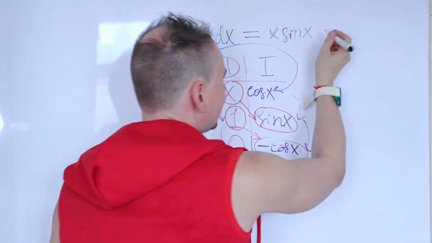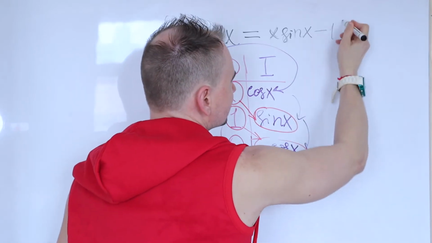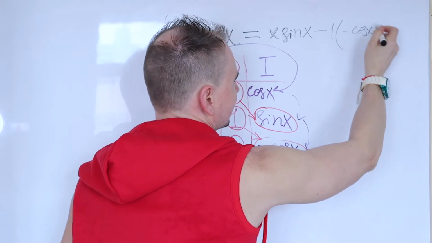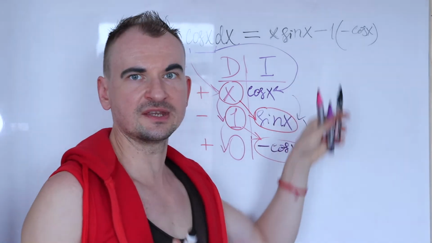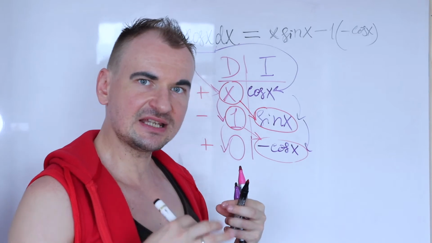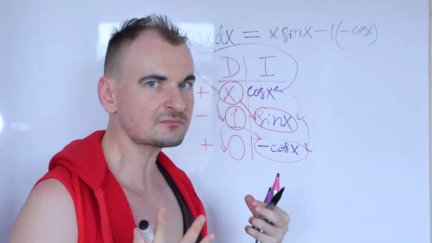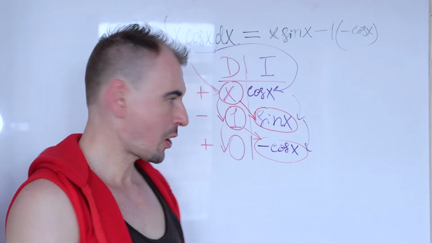So it's negative 1 times negative cosine x. Well, you could just ignore the 1. I just write it explicitly in order to see where all these things came from. And we are done.